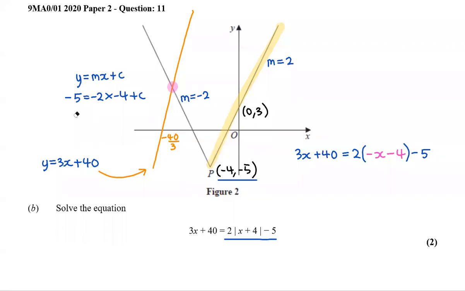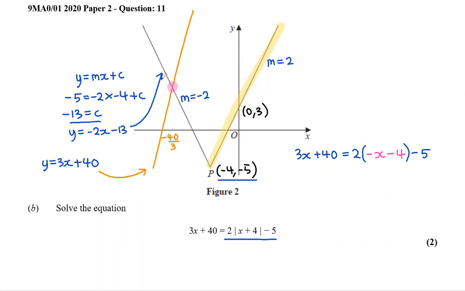I would have to subtract 8 from both sides because we have a double negative. So that would be negative 13 is equal to c. Okay, and that would give me an equation of y equals negative 2x subtract 13, which is the equation of that branch. And I know that because that negative branch passes through P at minus 4, minus 5.